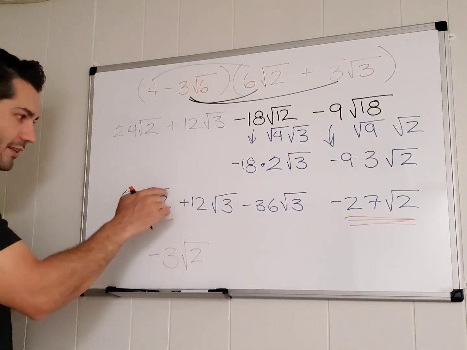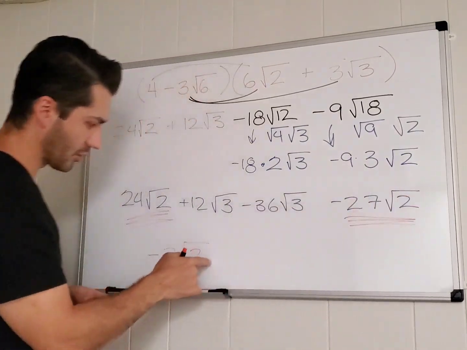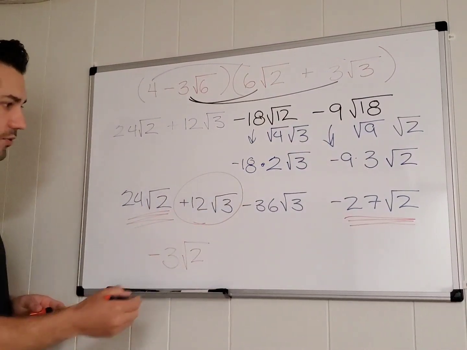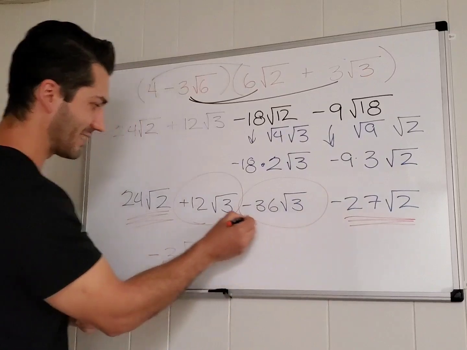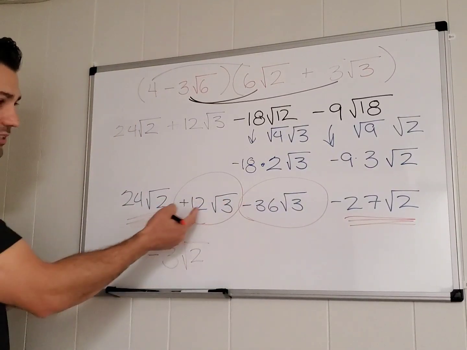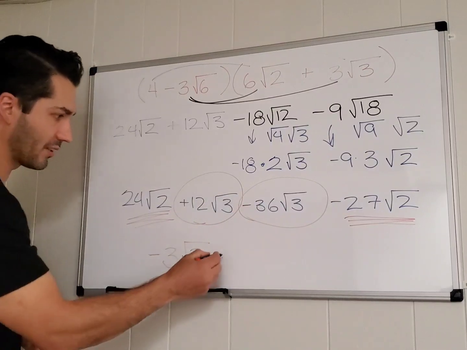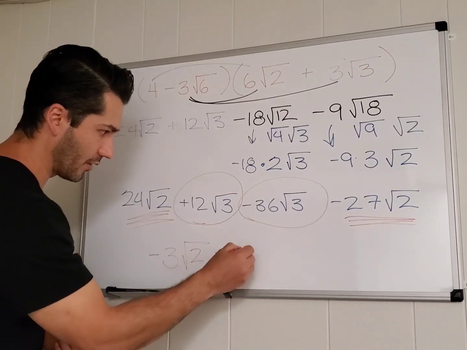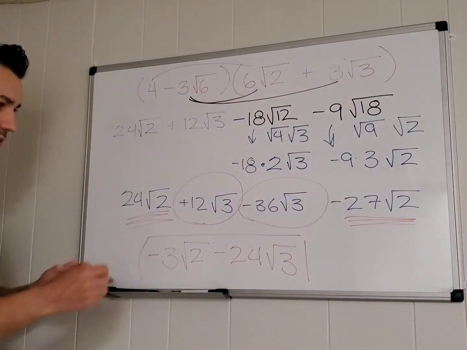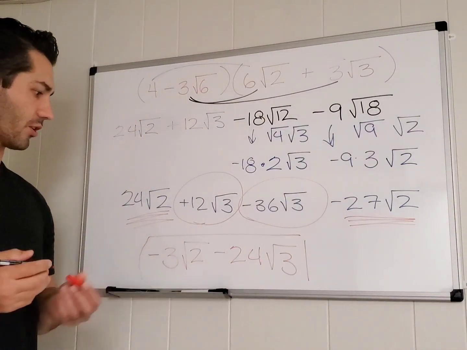In a like term, that's radical 2, that's radical 2, this will stay radical 2. I have a 12 radical 3 minus 36 radical 3. Same thing, you subtract. For a lot of people, that's the hardest part. Keep the dominant sign. This will be a negative 24 radical 3. And this, believe it or not, is not an ugly answer. This is a pretty good looking answer. It's only 2 terms. Looks good.